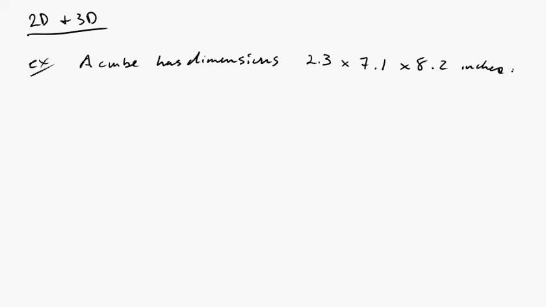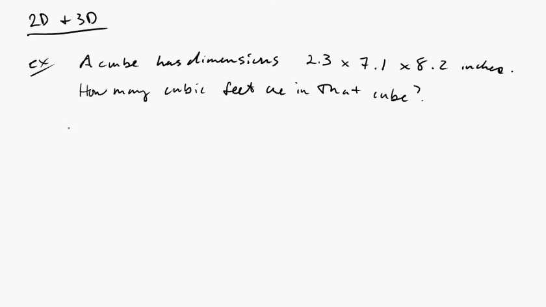A cube has dimensions 2.3 by 7.1 by 8.2 inches. The question is, how many cubic feet are in that cube? Okay. Well, the first thing we should do is find the volume of that cube.